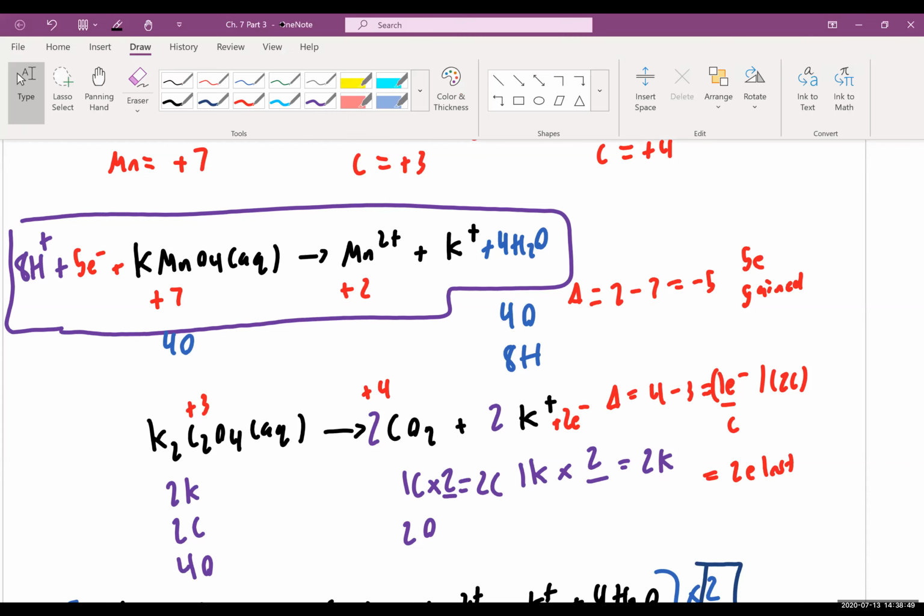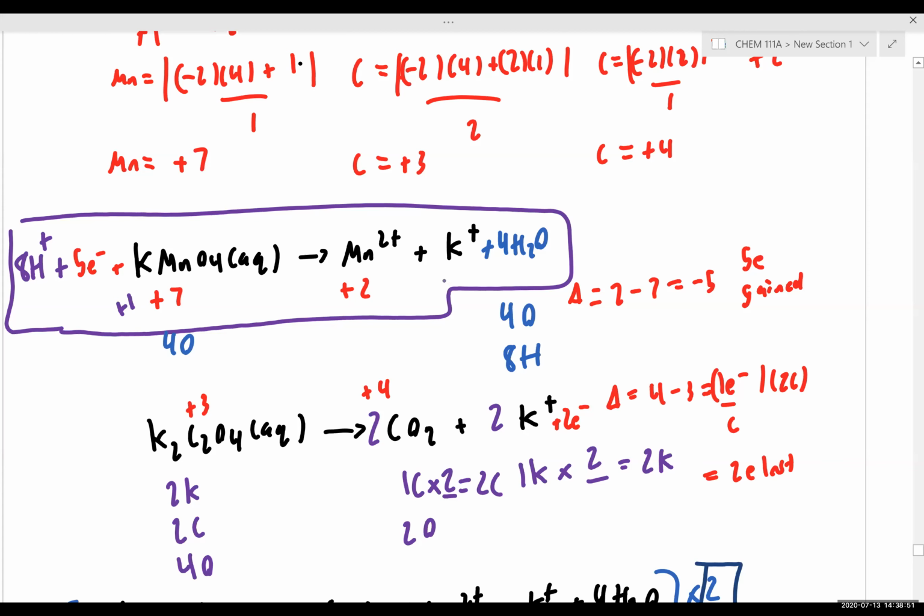Potassium stays +1 throughout the reaction. It's just a spectator that we use to ensure atoms are balanced. Manganese changes in oxidation number, so we care about how much that oxidation number changed, because that determines the number of electrons gained or lost.